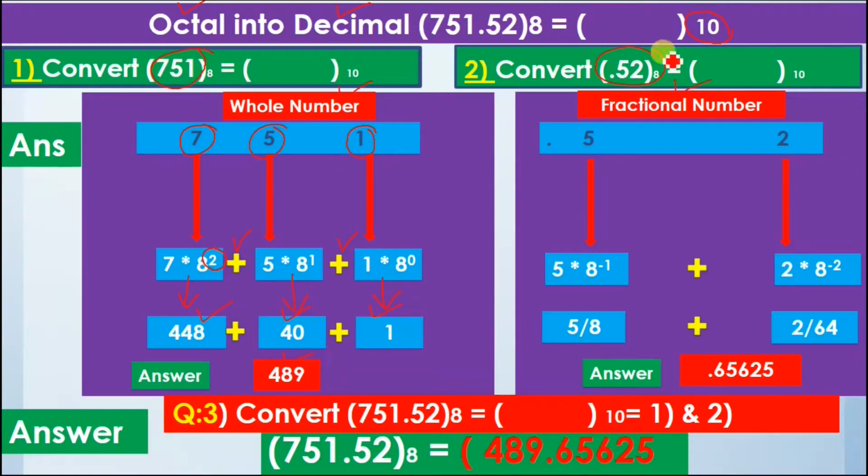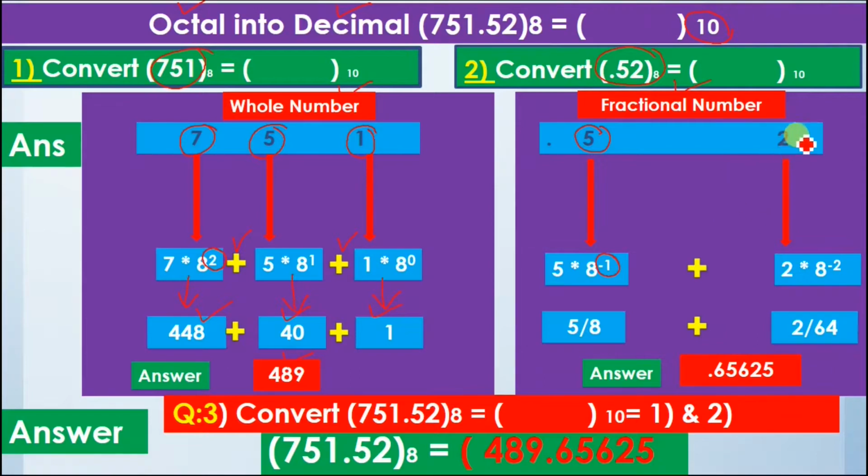Next we have the fractional number 0.52. So here is the number 0.52, and we will multiply it with negative powers of 8 while moving away from the decimal point. So the first number is 5, so we will multiply 5 with negative power of 8, so 8 raised to power minus 1.